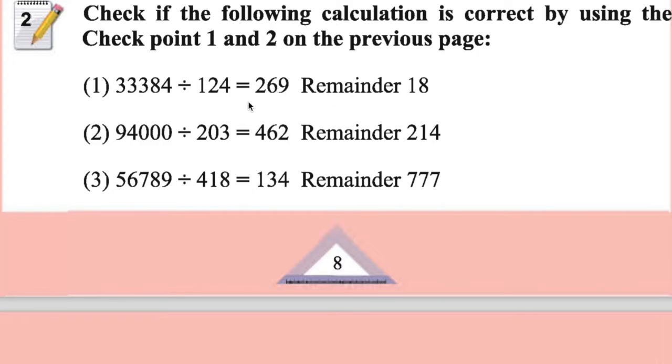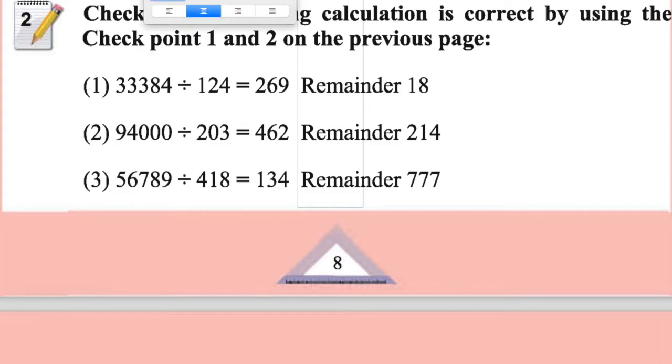See, we need to check whether this one is correct or not. Okay, 124 into 269. Our remainder is 18. Then this into this plus this must be equal to this. Again, what happened?